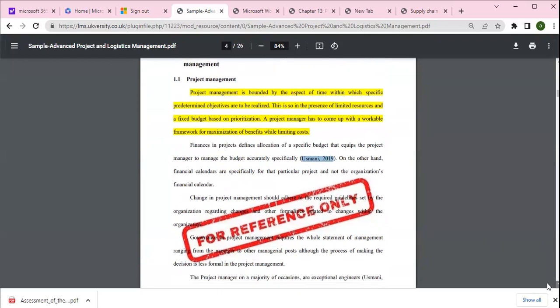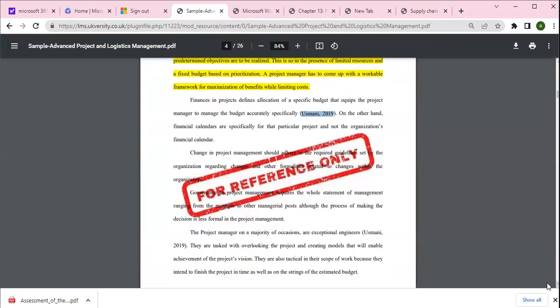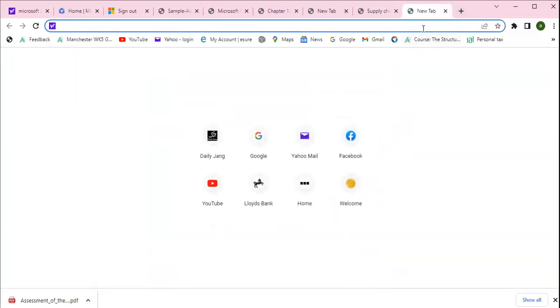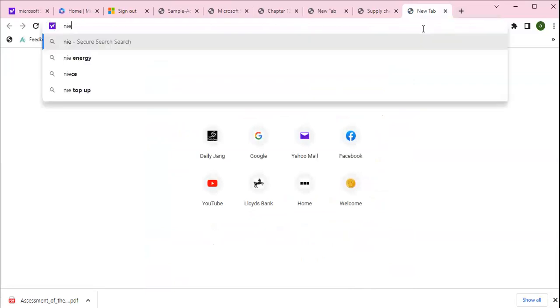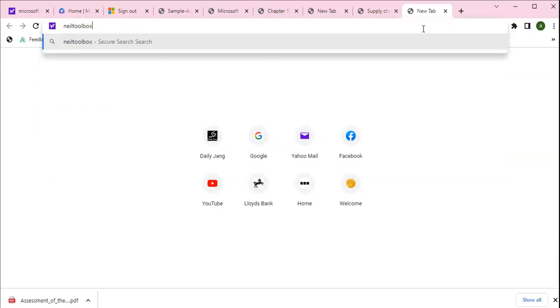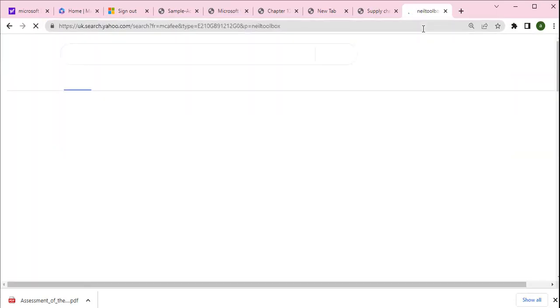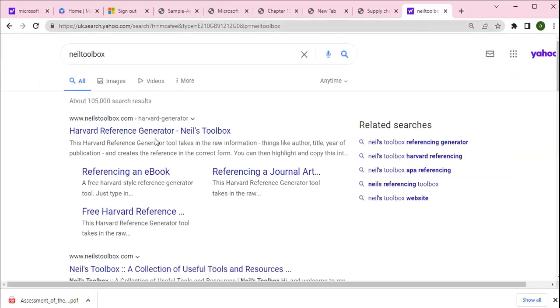Yeah. So please, if you have never used Harvard referencing before, if you type Neil toolbox, what is Neil toolbox? That is a Harvard reference generator, or you can use it. Neil toolbox. Yeah, so if you type it here, that is a Harvard reference generator.